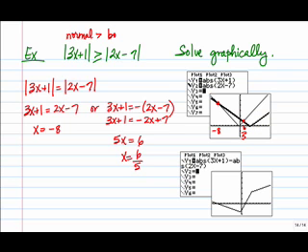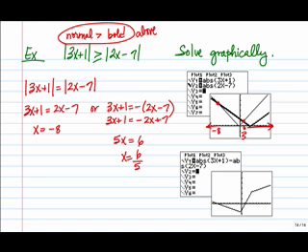Greater than means above. So where does that happen? Well, it happens to the left of this negative 8, and to the right of the 6/5, because that normal graph is above the bold graph in those places.